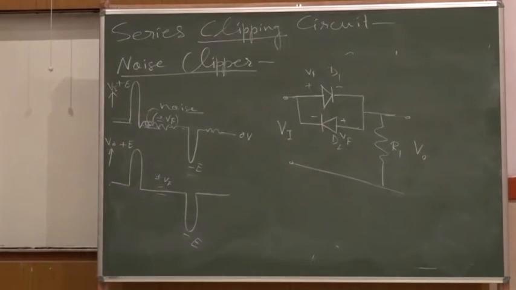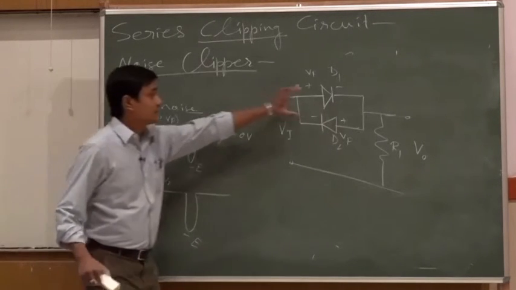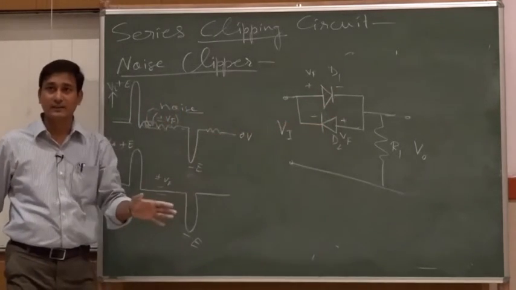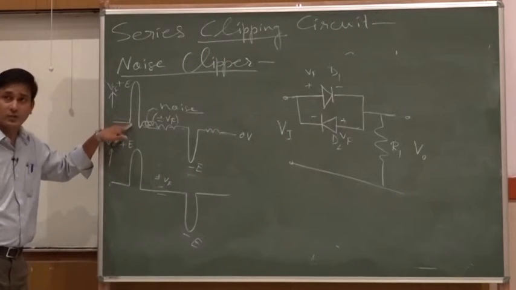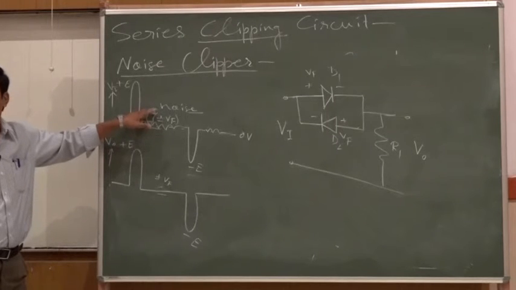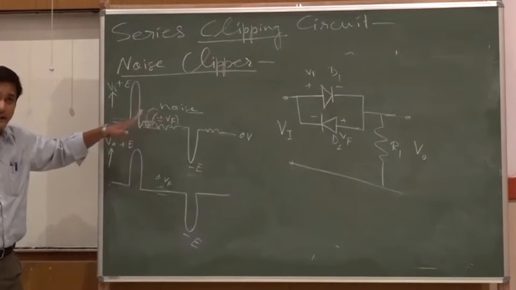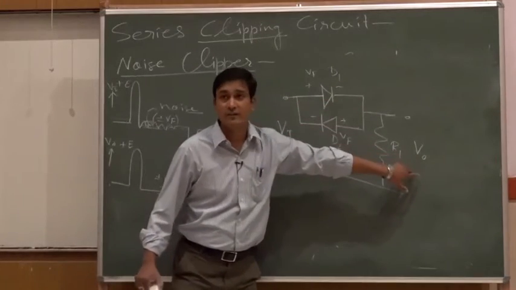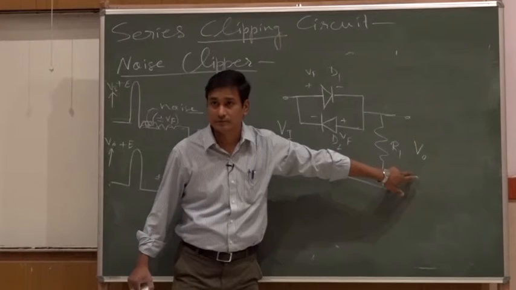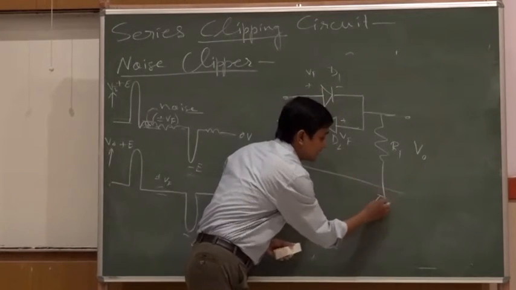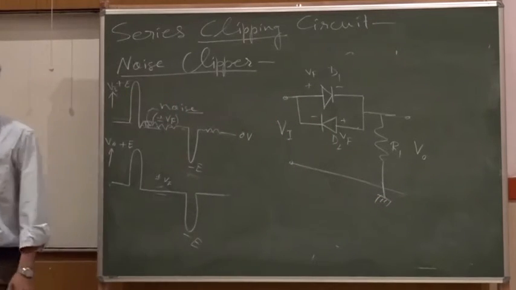How? We have to explain. See here, these two diodes D1 and D2 are used in such a way that if the voltage goes beyond plus Vf or beyond minus Vf, then only some current will flow to the R1 and the voltage drop V0 will be found non-zero. Otherwise, it is 0, if I consider that this is grounded, which is at 0 volt.